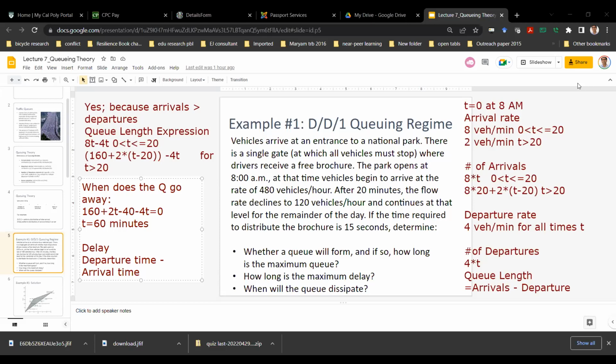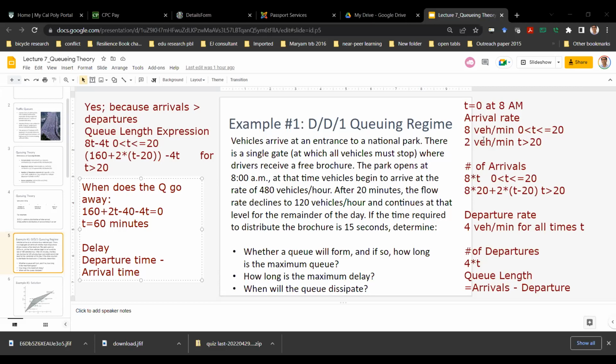15 is correct because 15 minutes. How do I get that? Because I know 8 vehicles per minute are arriving. The 120th vehicle would arrive at t equal to 15 because 15 times 8 gives me 120. I can get those times. But it could get tricky to figure out what time vehicles arrive after a certain point.